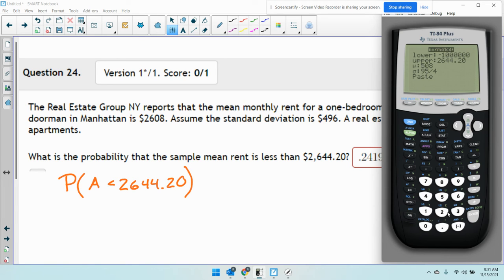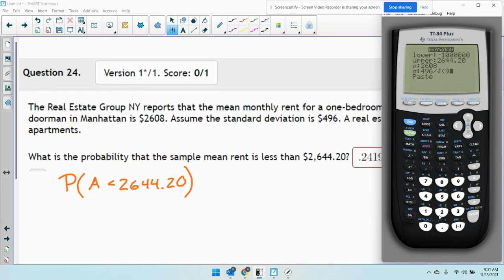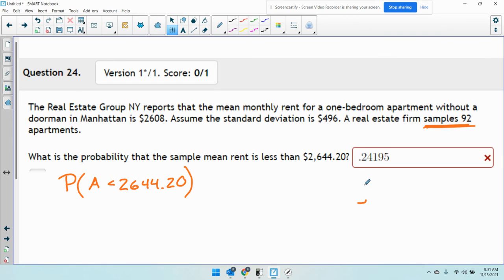Our mean is 2,608. And our standard deviation is 496 divided by the square root of 92. So I can write it just like that. So you'll see I get an answer of 0.7580.